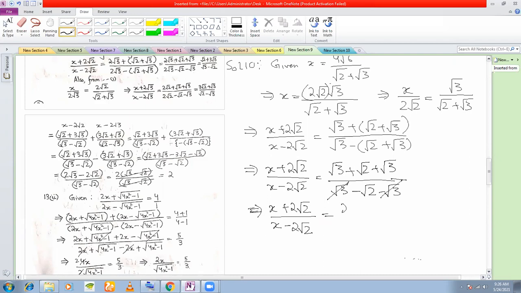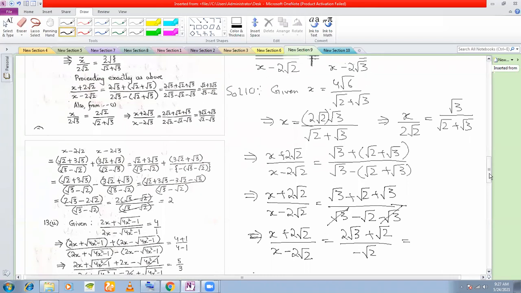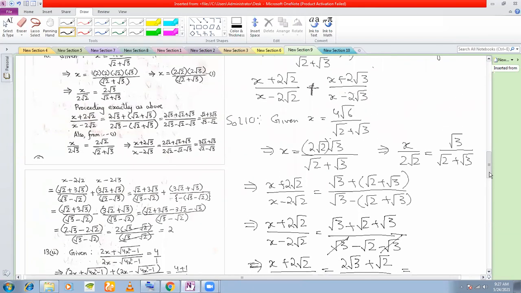It is equal to 2 root 3 plus root 2 divided by minus root 2, which you can also write as, you rationalize the numerator and denominator, right? Hmm.